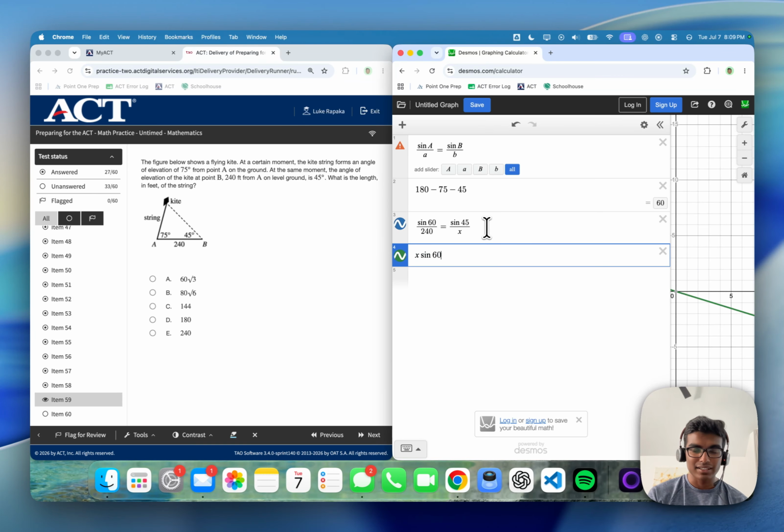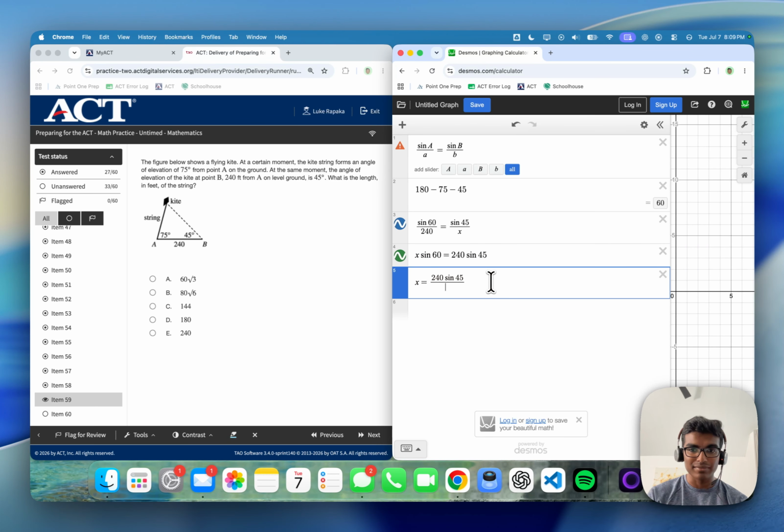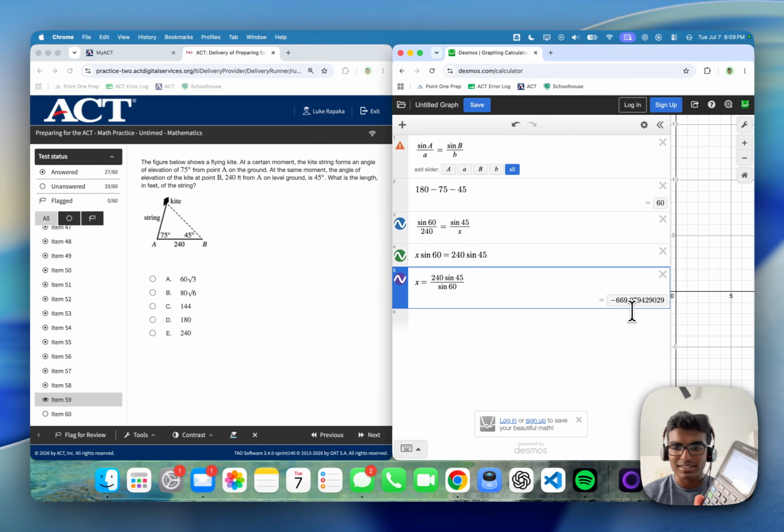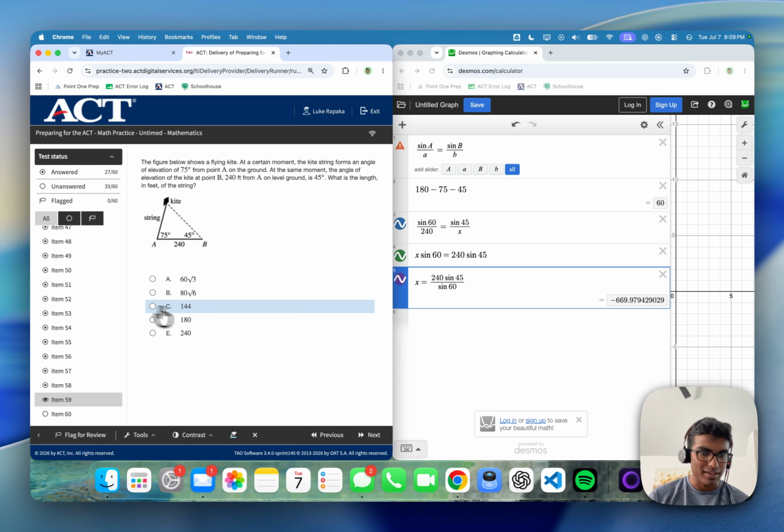X sine 60 equals 240 sine 45. Oh yeah, and then I can just take this and then divide by sine 60. I'll just toss it into my calculator. So 240 sine 45 over sine 60. And then as you can see, I get 195.9. So I know these three can't be it.